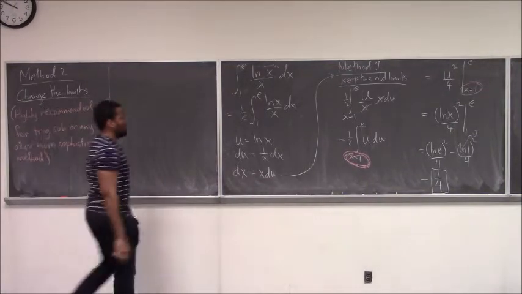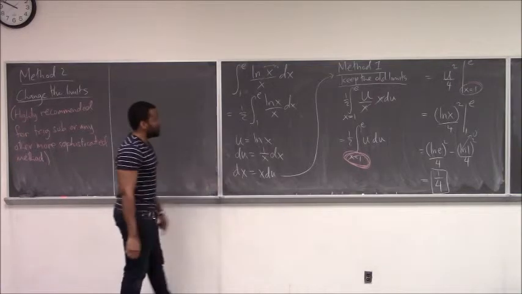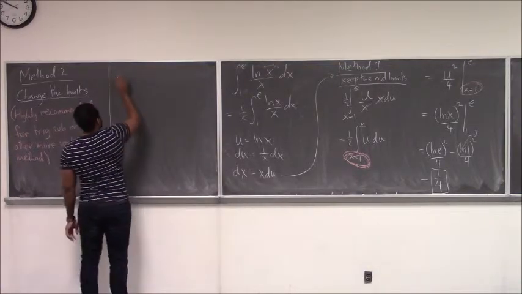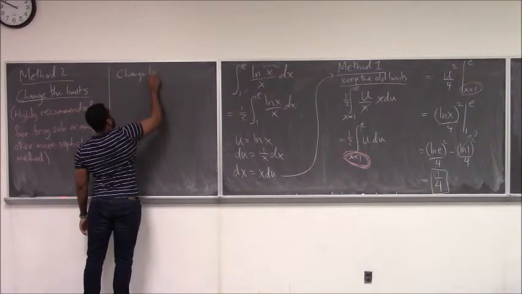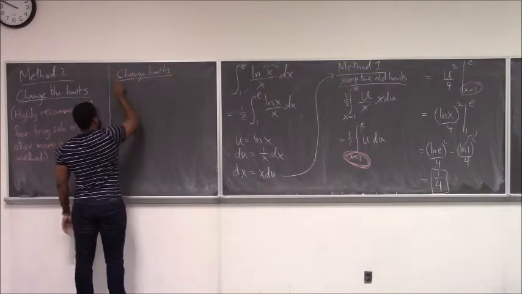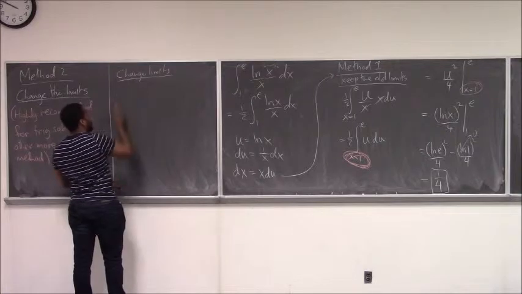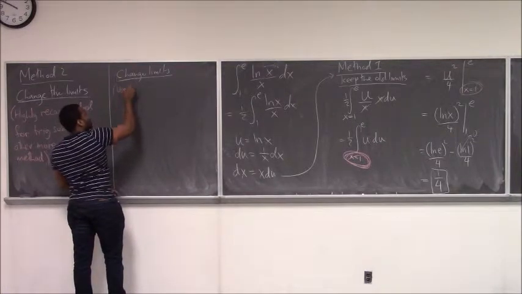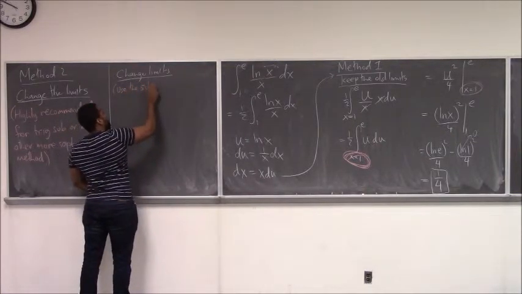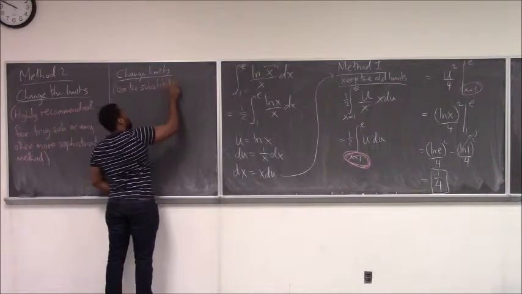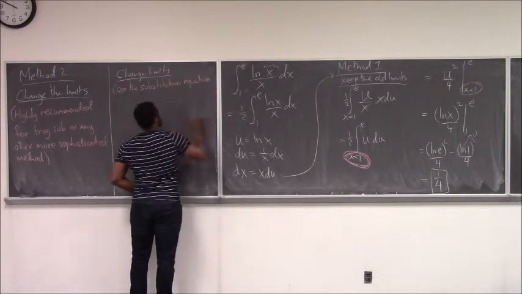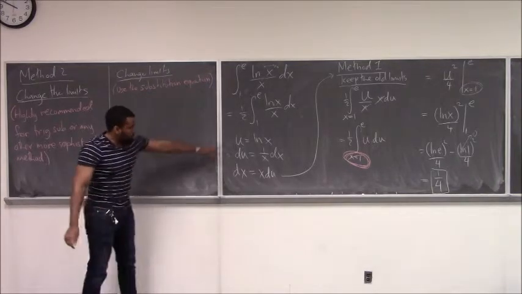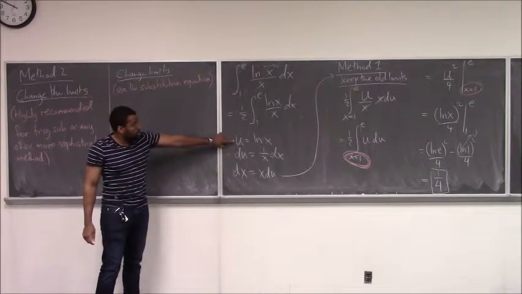So, okay, let's pick up from here. So changing the limits. By the way, to do that, you're going to use the substitution equation. At some point here, we said u was ln of x.